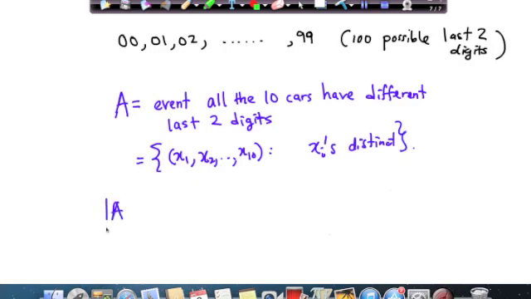We can count the number of elements in A by first counting the possibilities for x1. Before choosing the other entries, we have 100 choices for x1.